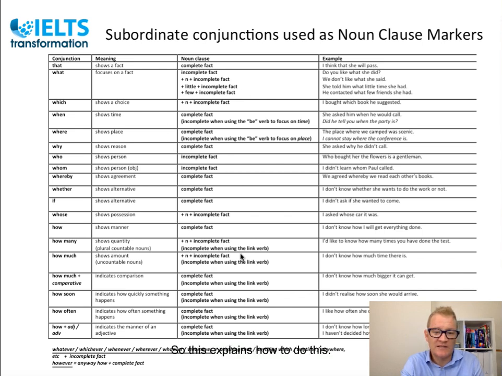So this explains how to do this. This information is more useful if you're trying to do a test, not an IELTS test, a test that involves more sort of grammar questions. So this is probably more useful for that, but again, some people love all of this technical information, so enjoy. And then, of course, download this sheet and check the grammar exercises and help yourself to learn it better.